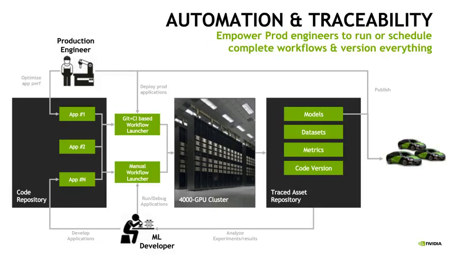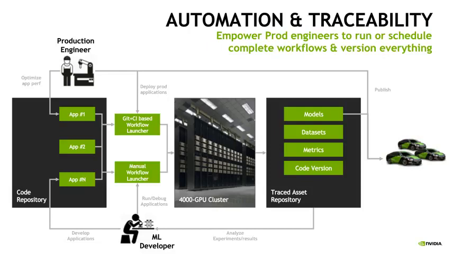So first, automation. The idea of automation is that you want to get to a point where you can really decouple the machine learning, AI, algorithmic development from the production of these algorithms and what's being shipped into the car. So what we're looking at on the picture is at the bottom, a typical machine learning developer who is doing three things. He's developing the applications themselves, so coming up with new neural net architectures, new post-processing techniques, new CV algorithms, new pre-processing pipelines.